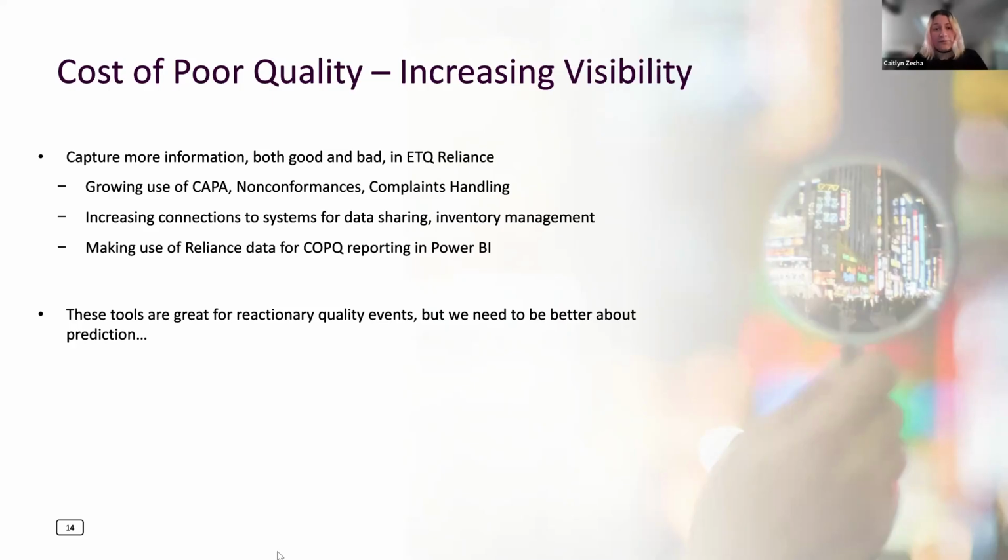So capturing more information, both the good things and the bad things that comes out of our quality activities and out of our products, and continue to grow the use of those modules so we can actually make a correlation in our data. Look for those trends. Figure out if we are seeing repeat occurrences of issues and actually start to tackle those repeat issues.